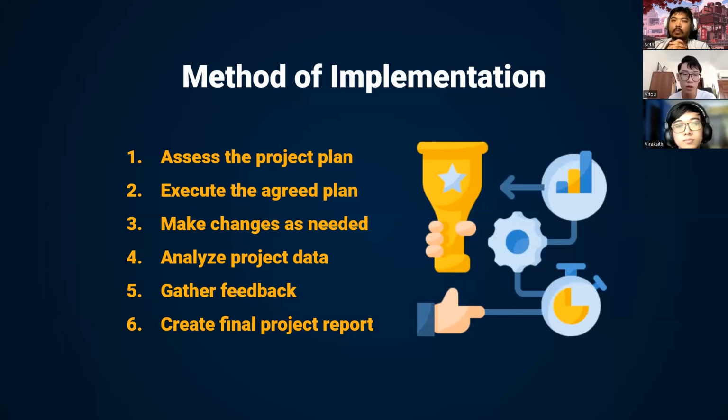Third, we continued to make changes as needed. We kept consistent communication while we worked on our project, and we came together when we had any issues or problems to discuss. We also made changes whenever necessary, but we always had the input and opinions of all our members before proceeding forward. The next step was that we analyzed our project data.